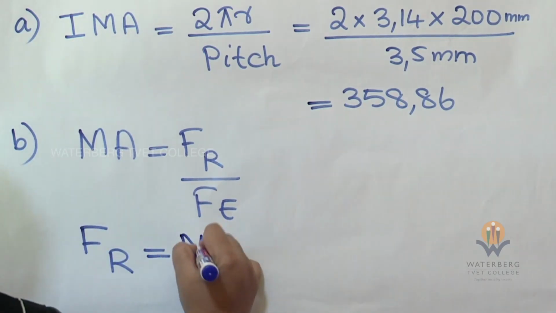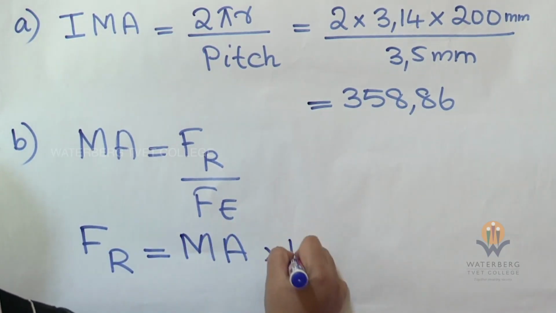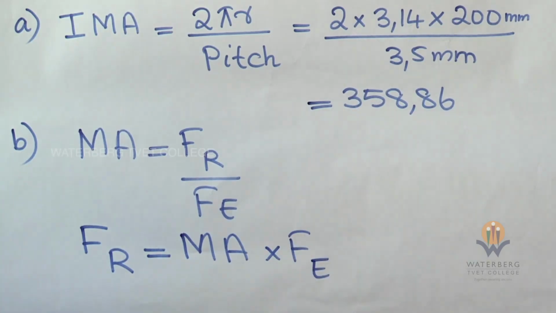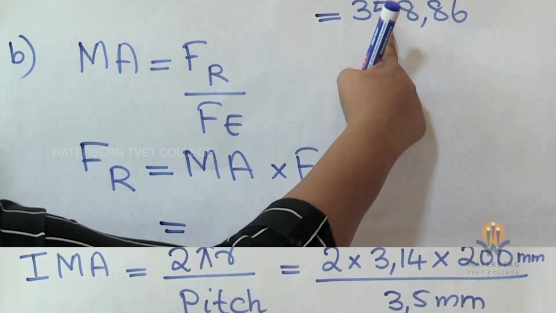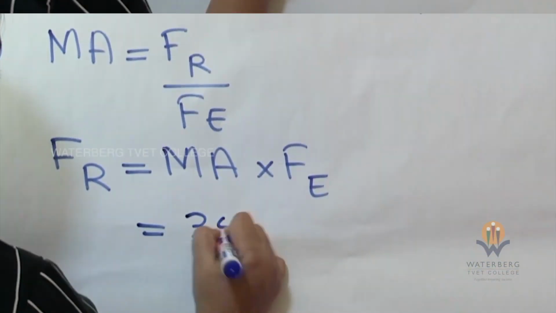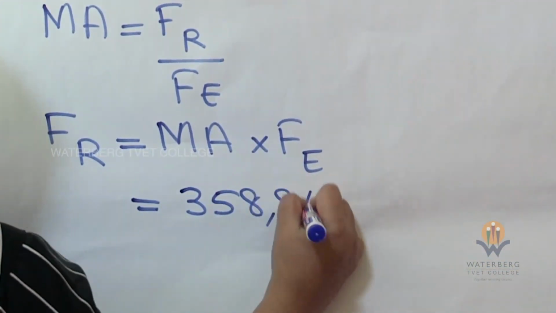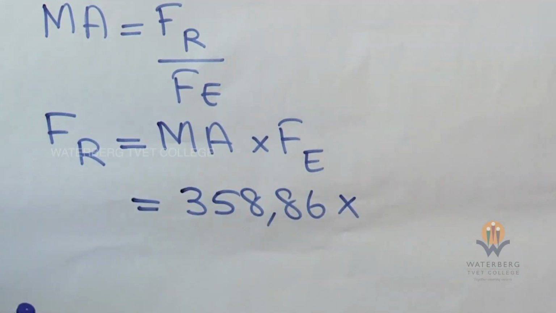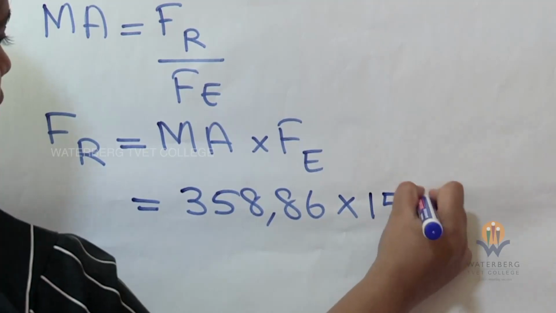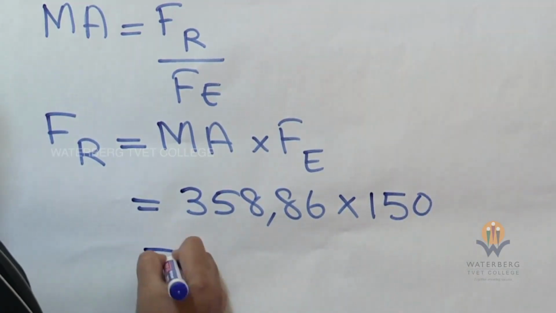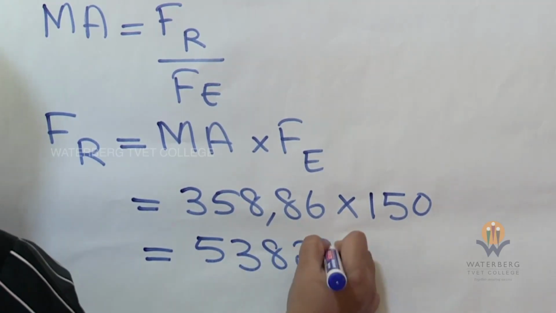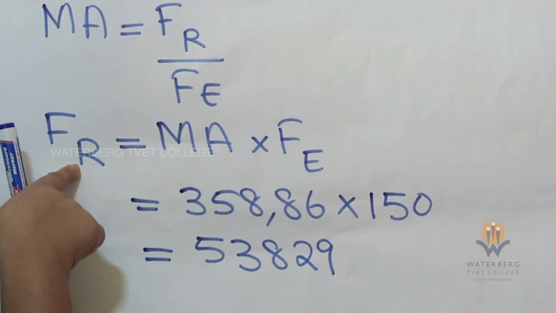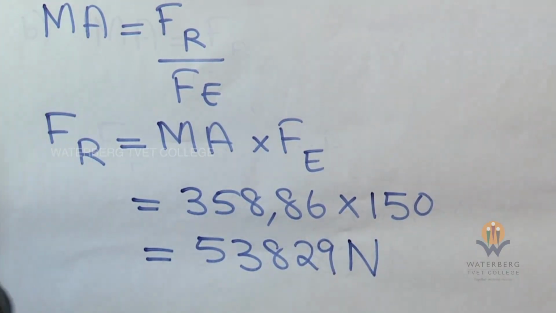We can rearrange it as Fr equals mechanical advantage multiplied by the effort force. The mechanical advantage we already calculated in the first question, which is 358.86, multiplied by the effort force given in the question, 150 Newton, which equals 53,829. This is a force, therefore the unit is Newton.